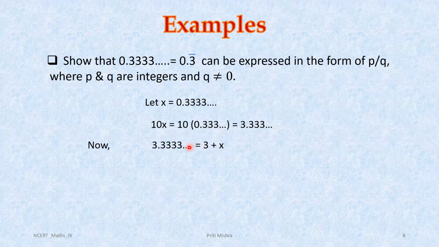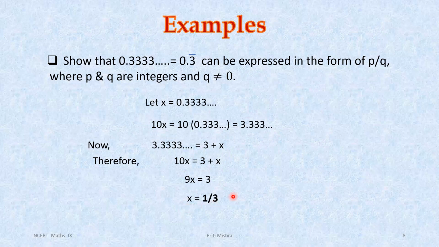As you can see, in the equation for 10x, this number is replaced by 3 plus x. So 10x equals 3 plus x. Now we will shift x from the right hand side to the left hand side. Then it will be 9x equals 3. So we got the value of x as 1 by 3.